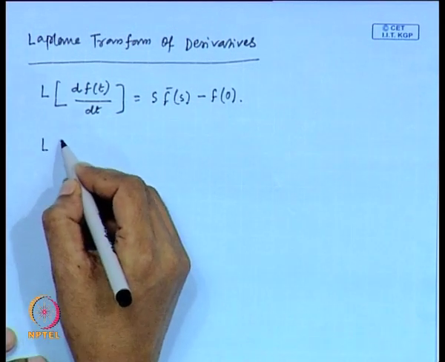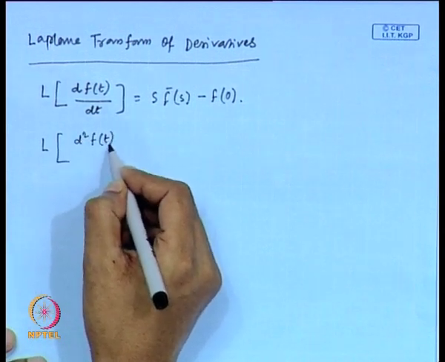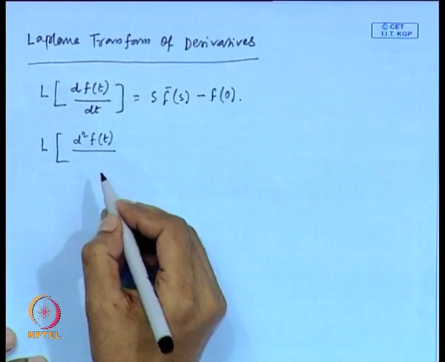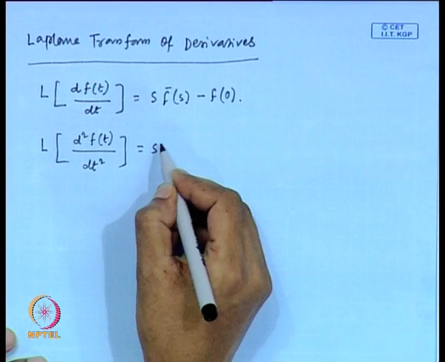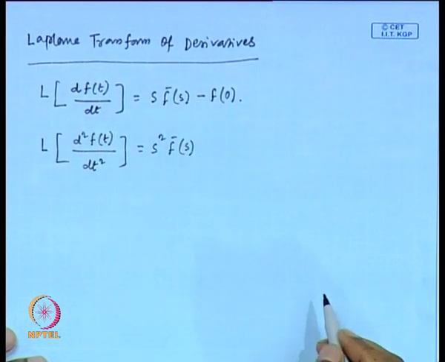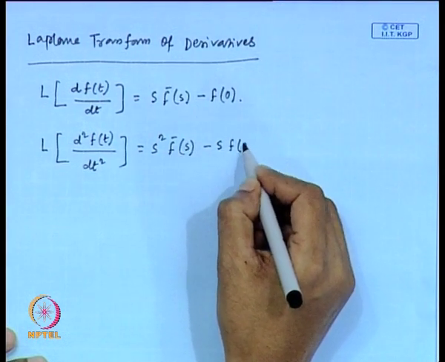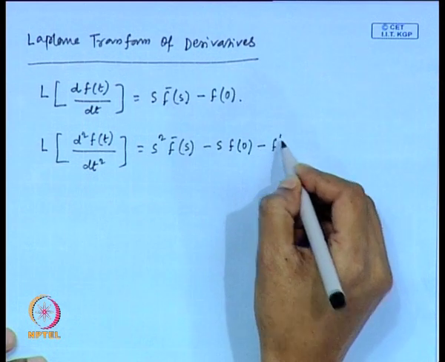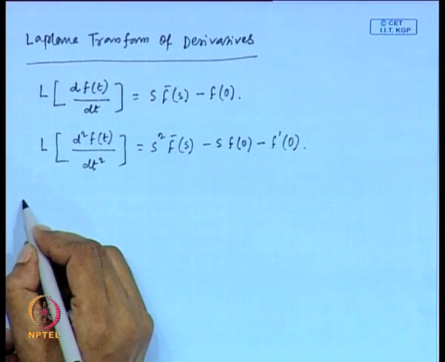Similarly, if we consider the second order equation d2f(t)/dt square, we get s square F bar(s) minus s f(0) minus the first derivative of f at 0. This is for the second order equation.